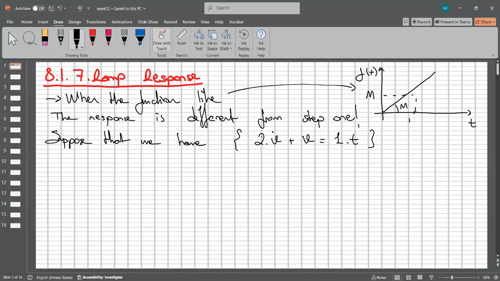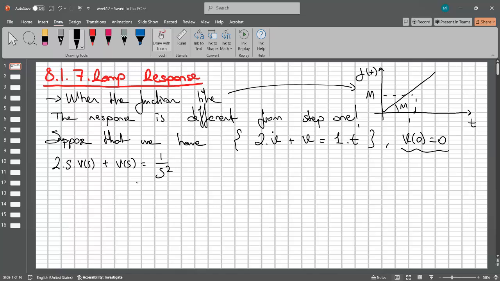This is V dot plus V. If we assume V0 is equal to 0, zero initial condition, then we can say that s times V(s) plus V(s) equals 1 divided by s squared. 1 divided by s squared is the Laplace transformation of t.